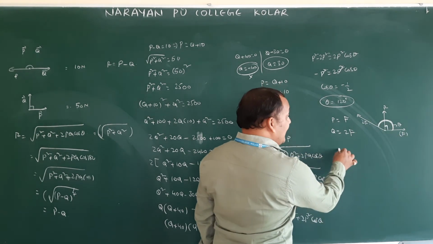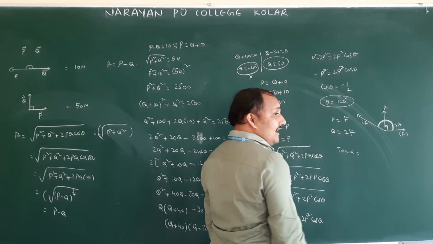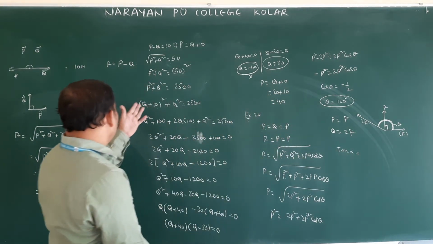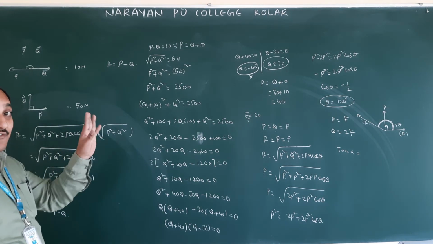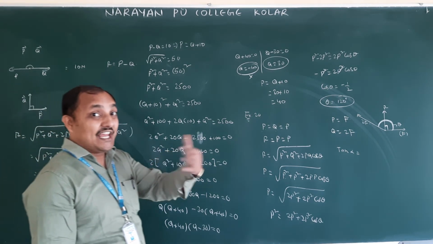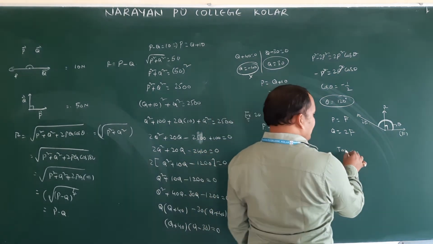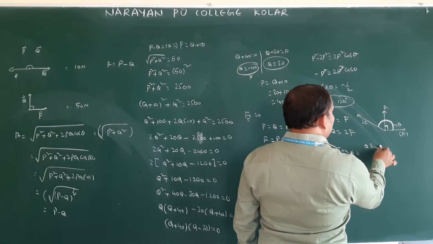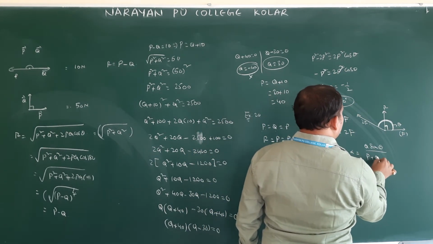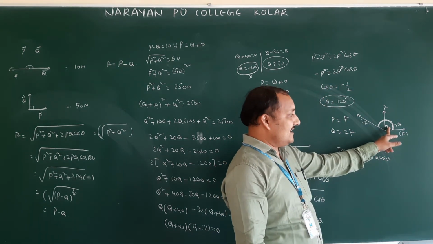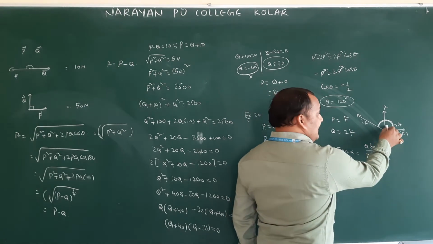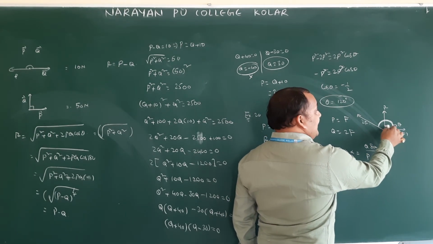Therefore, the resultant direction formula. Till now we used only this formula, root of P square plus Q square plus 2PQ cos theta. In addition to this, there is another formula, that is nothing but the resultant direction. The direction formula we are going to use: the general formula is tan alpha equals Q sin theta by P plus Q cos theta, where tan alpha means resultant direction. Here, how much resultant direction did they give? The resultant is making 90 degrees.